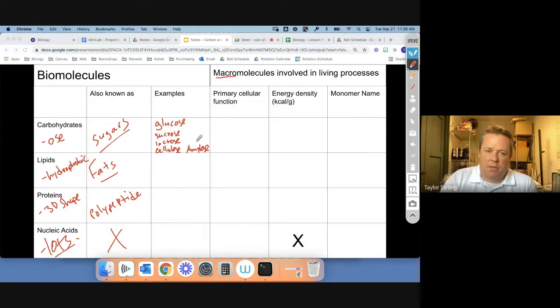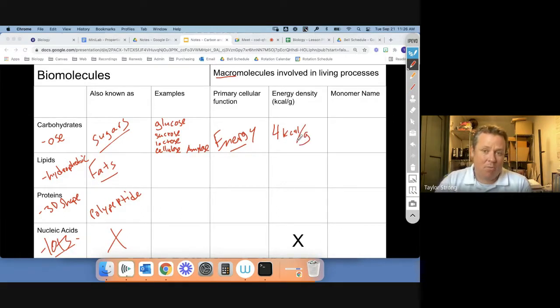They have lots of functions, but if we wanted to give one function, they provide energy for a living organism or a cell to perform life's processes, right? They're the direct source of energy that allows that cell to make ATP and do things. So their energy density, because energy density is really important for them, is 4 kilocalories per gram.